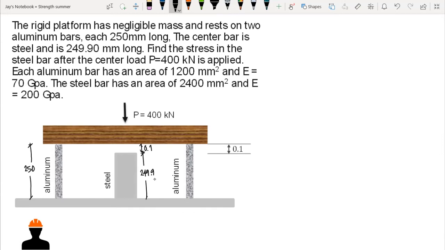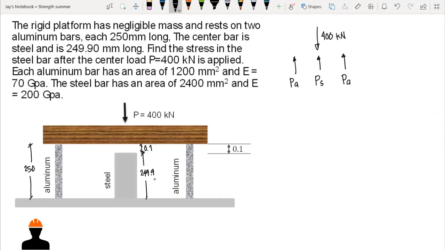If we draw the free body diagram, we have 400 kilonewton acting downward, and three forces acting upward: the axial force in the aluminum, the reaction from the steel, and the reaction from the other aluminum bar.